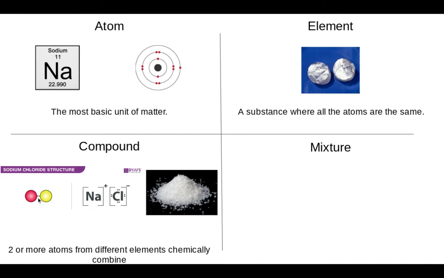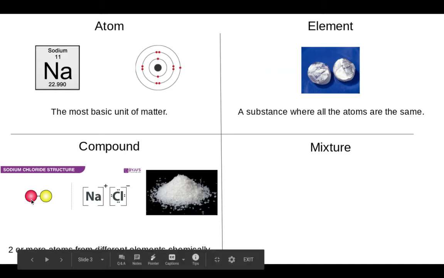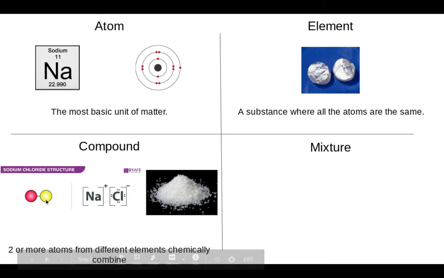And when they connect to each other, they make a new compound, and that's called sodium chloride. It's different to sodium and chlorine, because obviously when you're eating food, you're not putting a block of metal on your chips, are you? You're putting something different on there. So you've got sodium and chlorine, they react and they form a new product, and this is a compound. So where two or more atoms from different elements chemically combine.